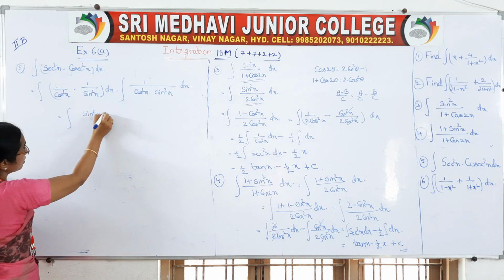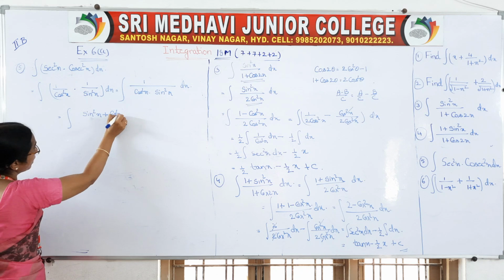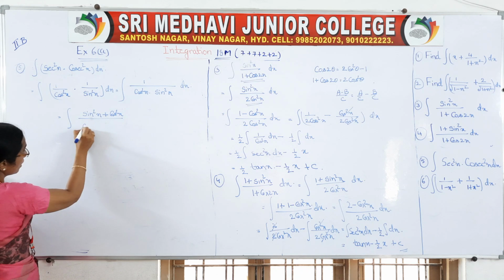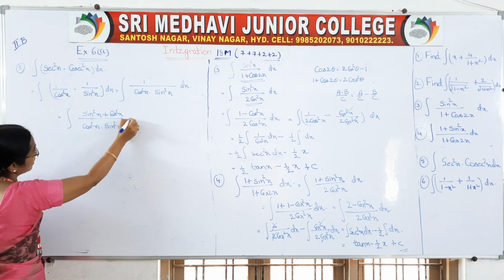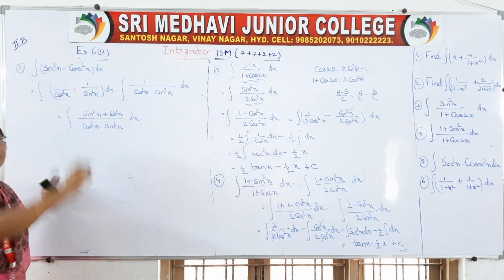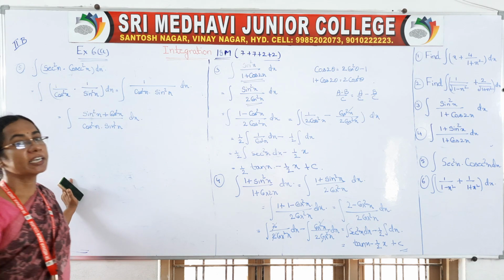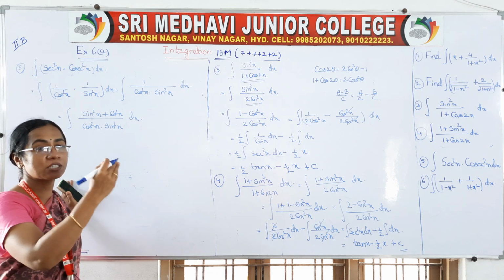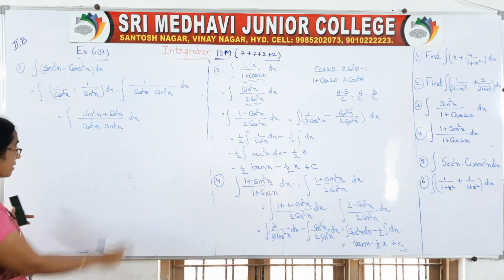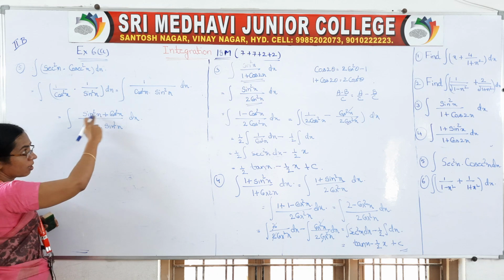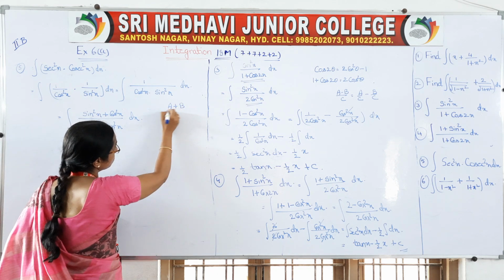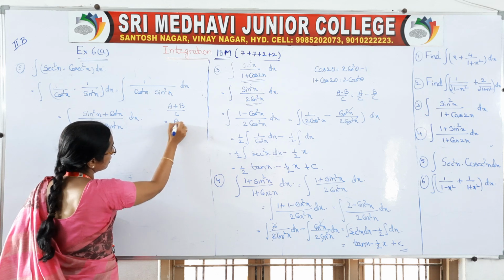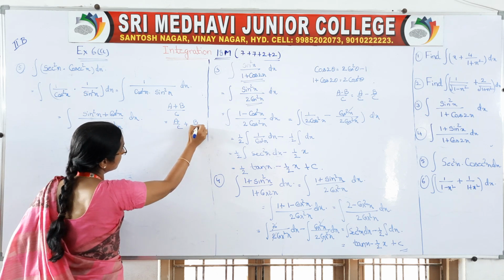Sin square x plus cos square x divided by cos square x into sin square x. By our trigonometric identities, 1 can be taken as sin square x plus cos square x. Again it is of the form a plus b by c, isn't it? So a plus b by c can be taken as a by c plus b by c.